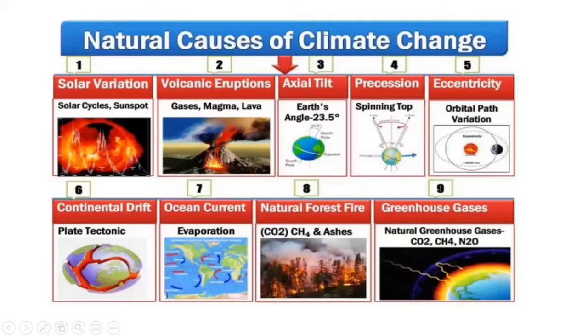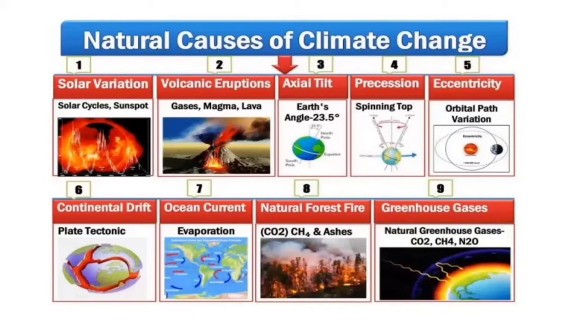The ocean current plays a crucial role in causing climate change by warming the earth. Eighth, natural forest fire. And the last one is greenhouse gases. Greenhouse gases refer to the gases that change the climate by trapping infrared radiation or heat in the atmosphere.